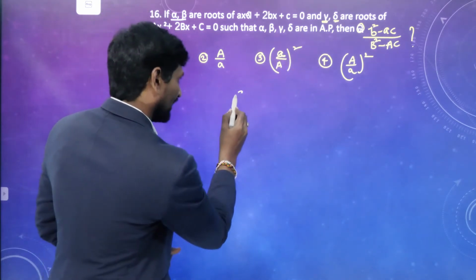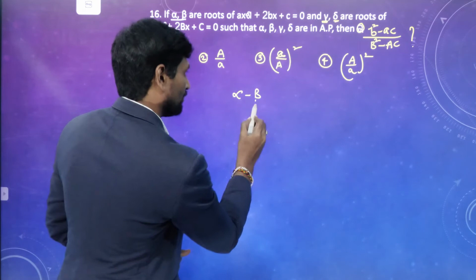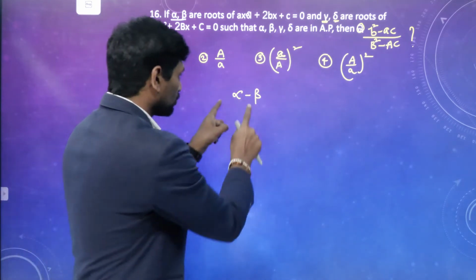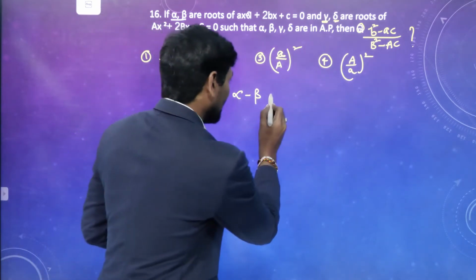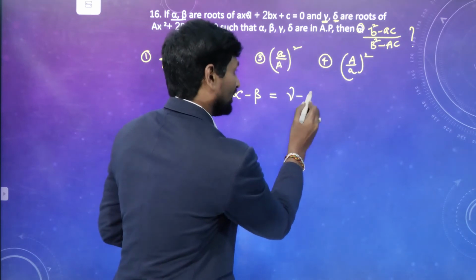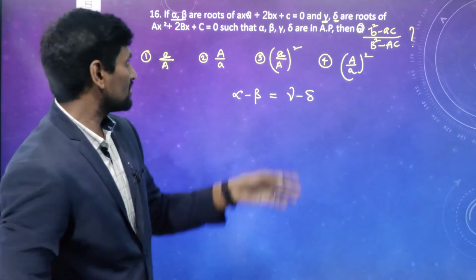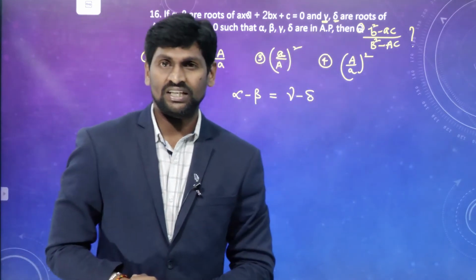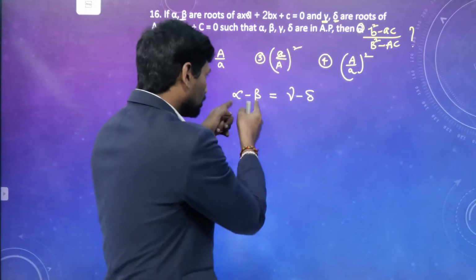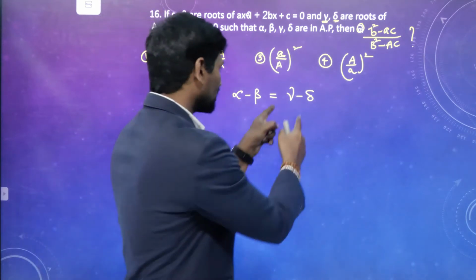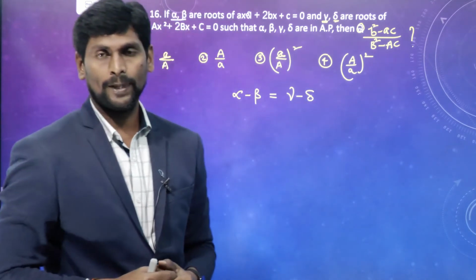Now we can take alpha minus beta as the common difference between the first two terms, that is equal to gamma minus delta. Am I right? Because four of them are arranged in arithmetic progression, the first two terms' difference equals the last two terms' difference also.